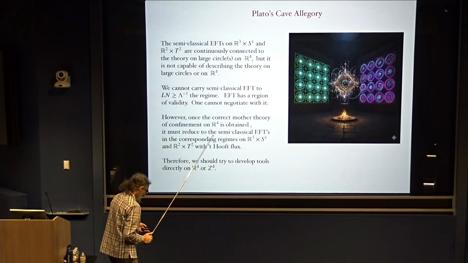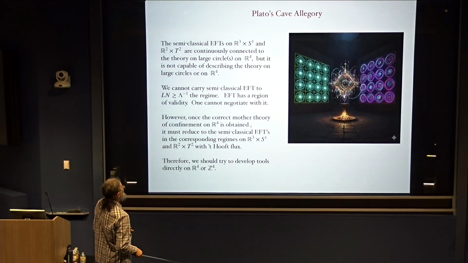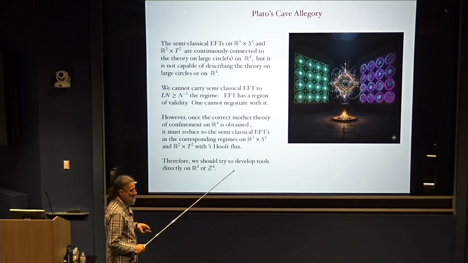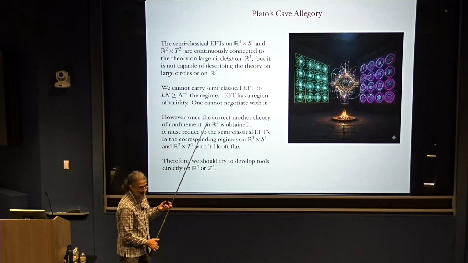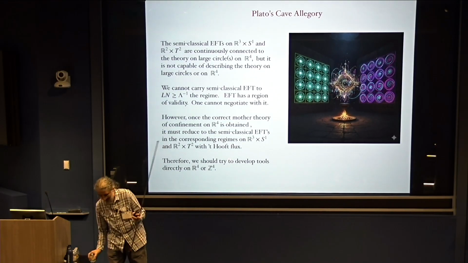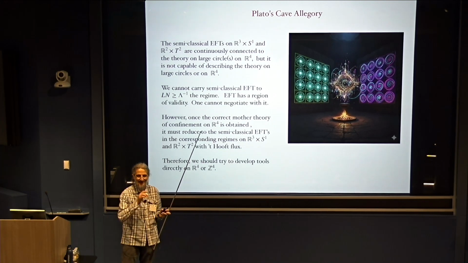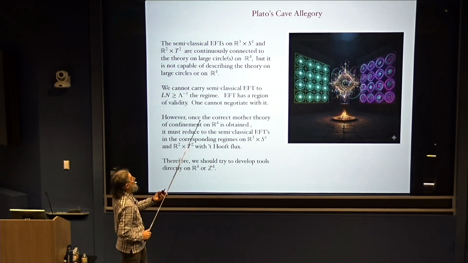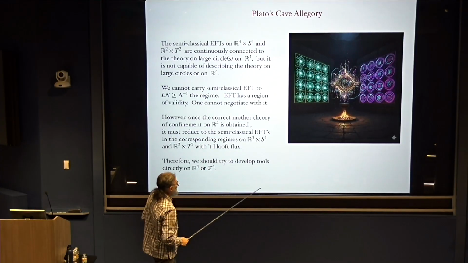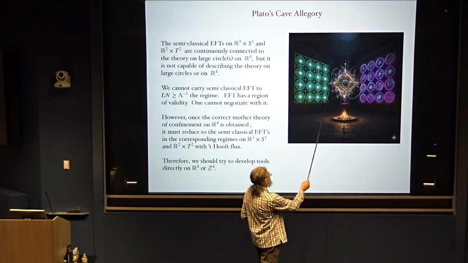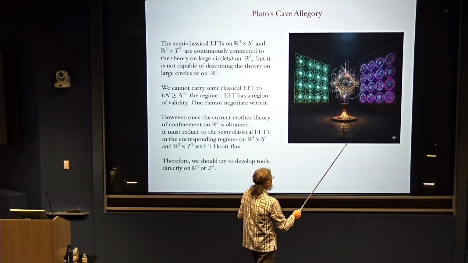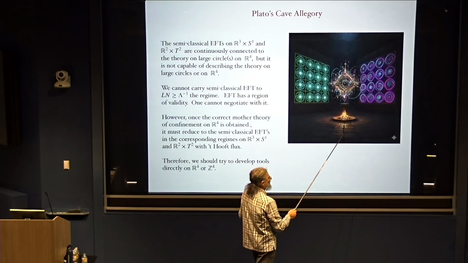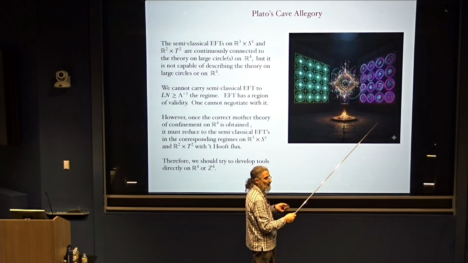Now, I wanted to put this thing because this also was inspired a little bit by Polyakov. He likes this analogy as well, but I will use it slightly differently. You know, this cave allegory. There is this very weird object, the instanton, we do not understand, but we are people trying to understand some of its images, some of its reincarnations.